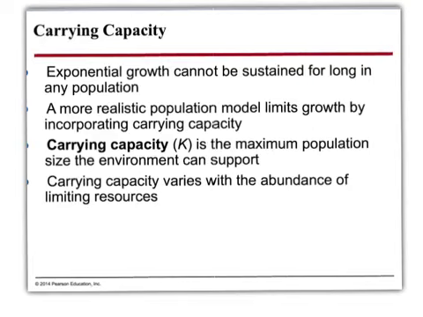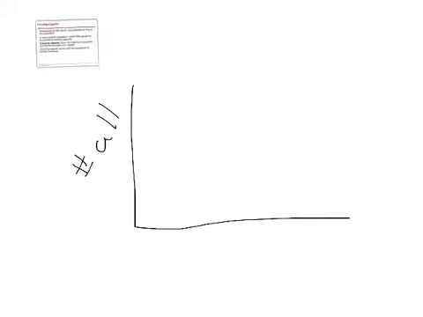Resources. All right? Resources. Let's look at a hypothetical growth curve of E. coli. Okay? So, here's number of cells, time. When you start a culture of E. coli, you add a little bit of E. coli cells to a media.